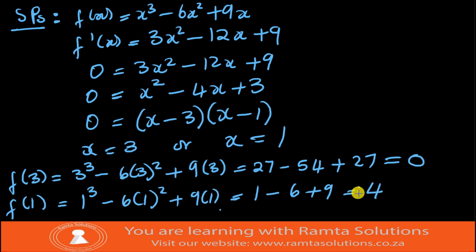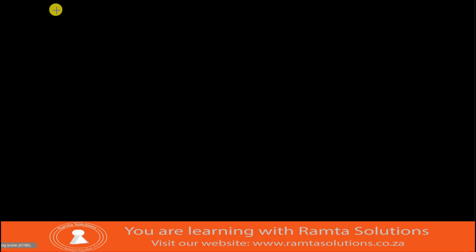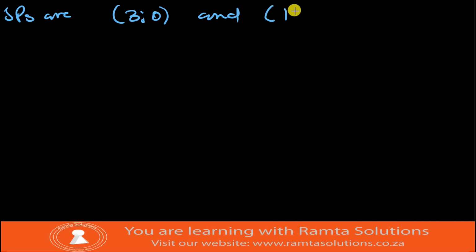As you can see, when x is 3, y is 0. So we have 3 and 0. The stationary points are 3 and 0, and 1 and 4.